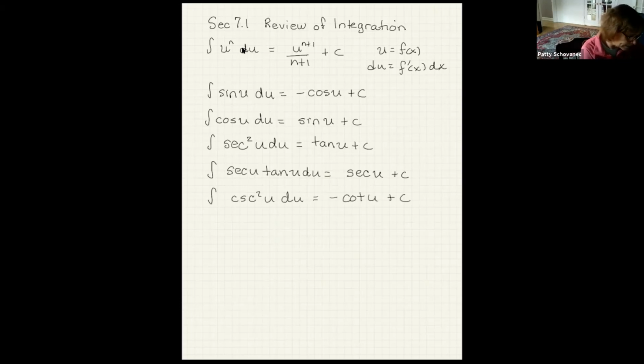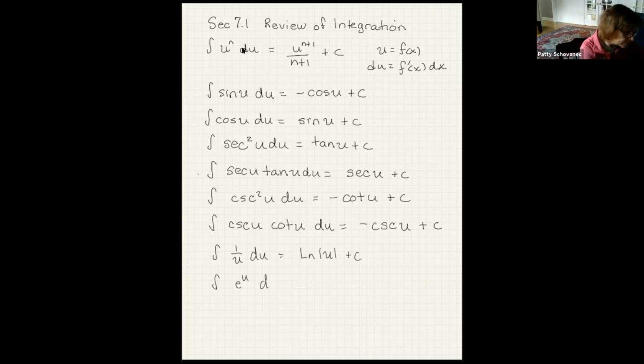And mimicking this one, we have the integral of cosecant of u cotangent of u du to be minus the cosecant of u. So there are 6 trig functions. Today we're going to add to them an integral of the tangent of u and an integral of the cotangent of u. Then we had our natural log function, 1 over u du, integrates as the natural log of the absolute value of u. And then the integral of e to the u du integrates as e to the u.